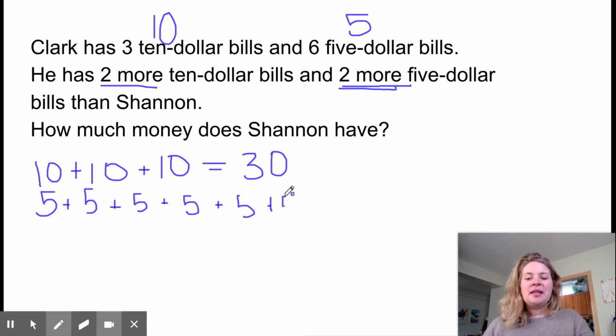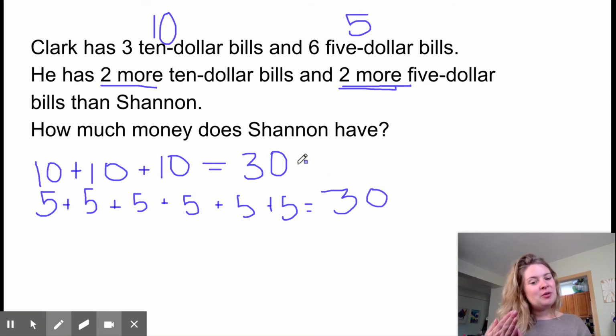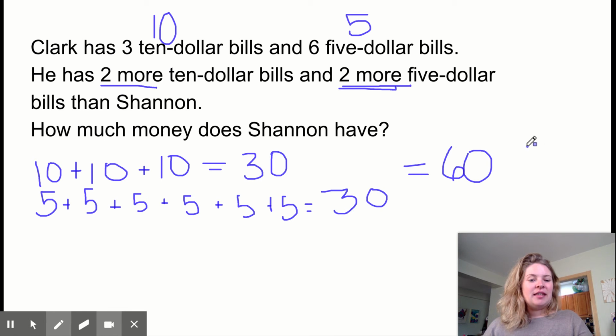You could also skip count this if you would like. 5, 10, 15, 20, 25, 30. All right. 30 plus 30, because we want to put those two together to find out how much Clark has. 0 plus 0 is 0. 3 plus 3 is 6. So altogether, Clark has $60.